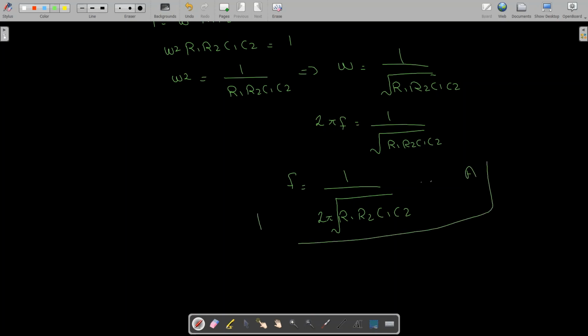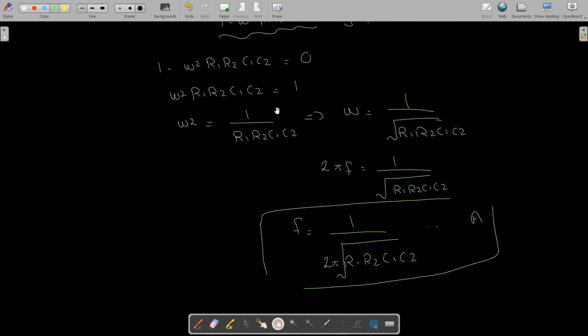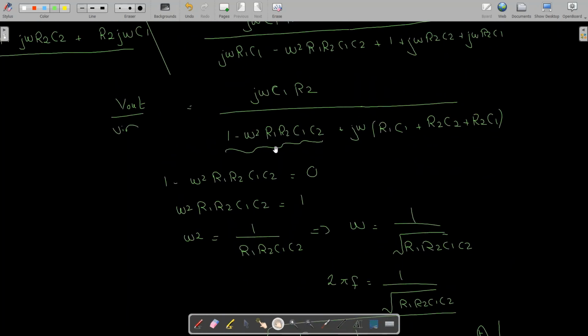So this is the resonant frequency of the Wien Bridge oscillator, and that has been derived by using this term equal to 0.